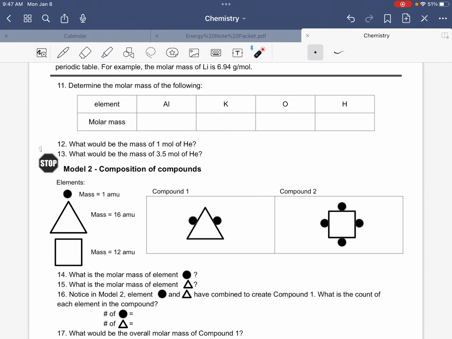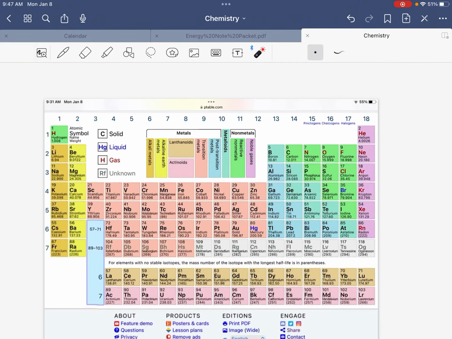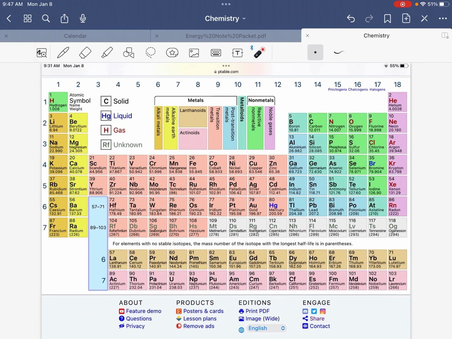Okay, so for number 11, we're going to determine the molar mass of each of the following. So we have aluminum, potassium, oxygen, and hydrogen. Okay, so aluminum is here. It's going to have a molar mass of 26.982 grams per mole. Potassium, which is here, is going to have a molar mass of 39.098 grams per mole.